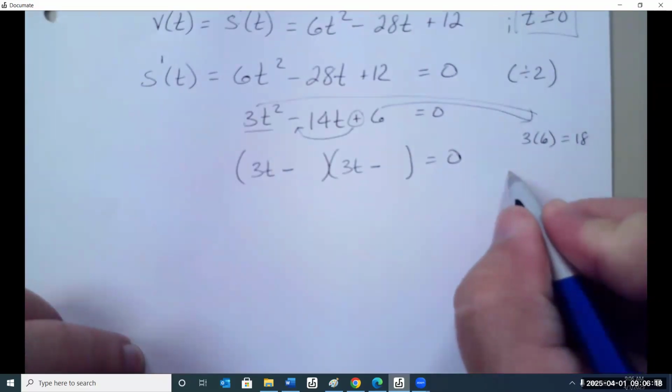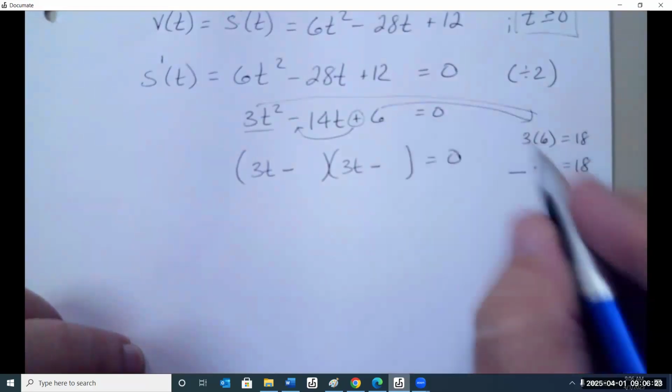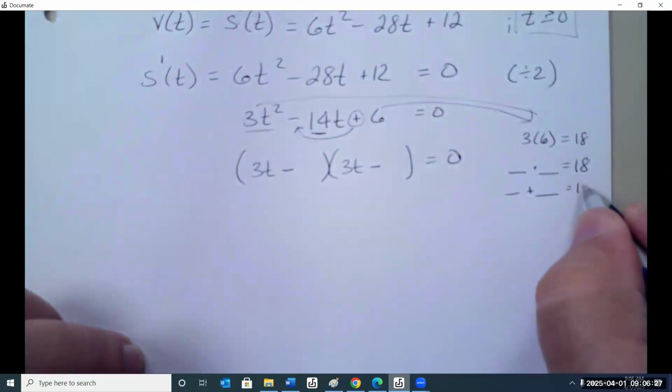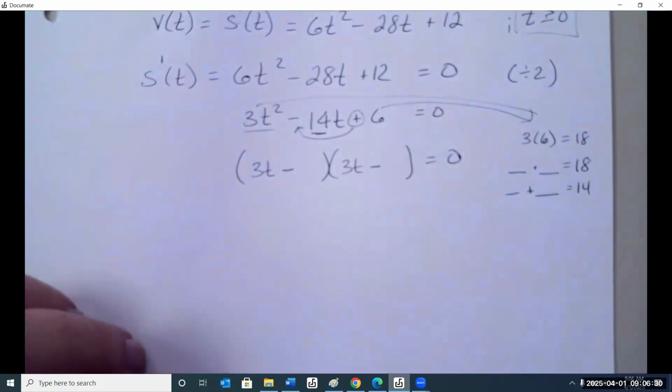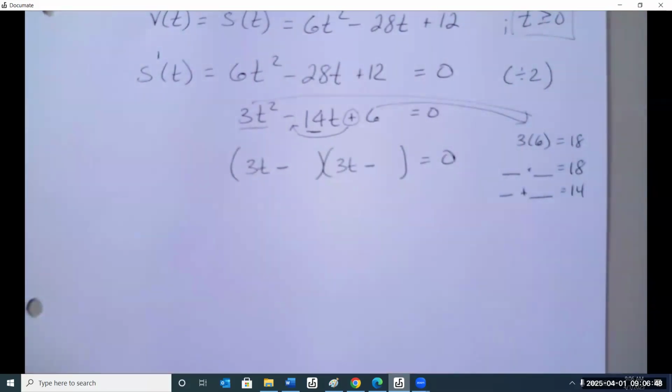Now we have to find what times what equals 18, where adding them together gives the middle term, 14. It won't be an integer. So we have to use what? We can't use factoring. It won't be integers.